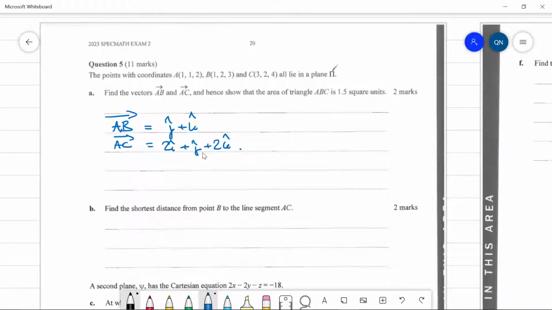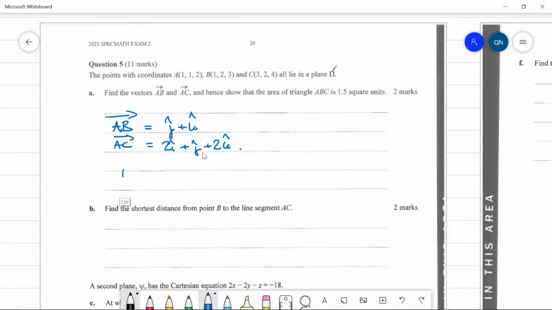Okay. Show that the area of the triangle ABC is 1.5 square units. The area of the parallelogram spanned by AB and AC is just the norm of the cross product. So the triangle ABC is just going to be half the norm of the cross product.